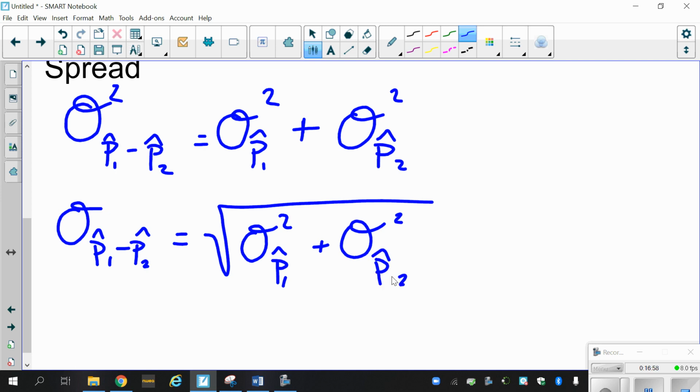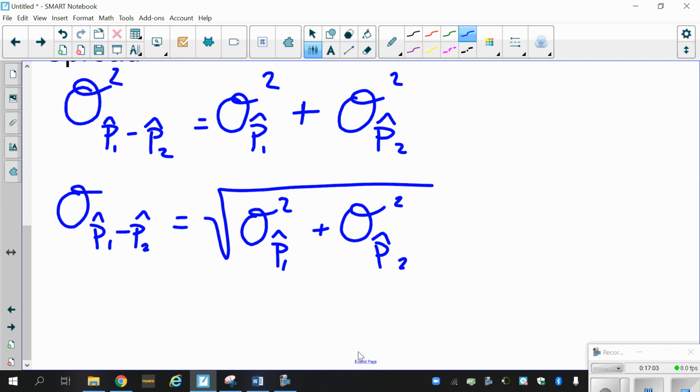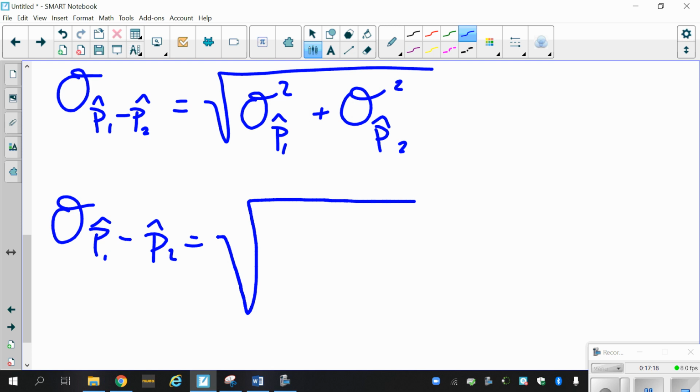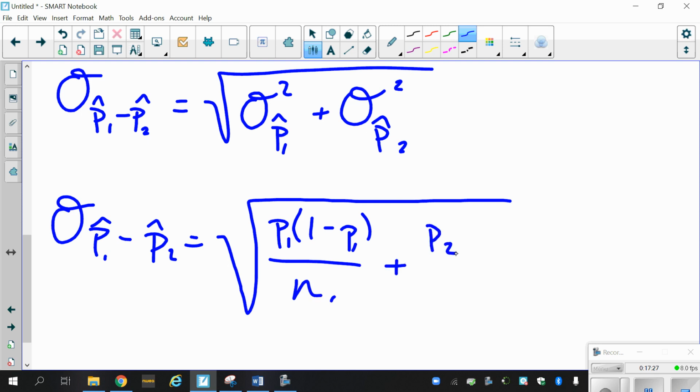And if we were to write this out even bigger and put in those formulas for the variances of p-hat1 and p-hat2, we would get what is on our formula sheet, which is the square root of p1 times 1 minus p1 over n1 plus p2 times 1 minus p2 over n2.